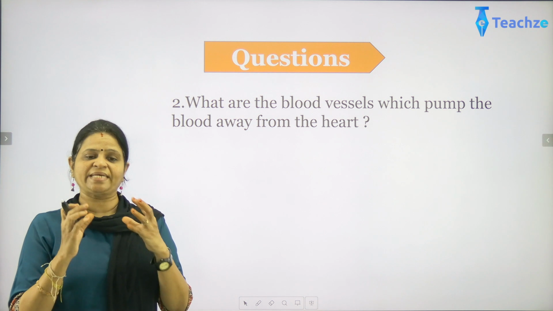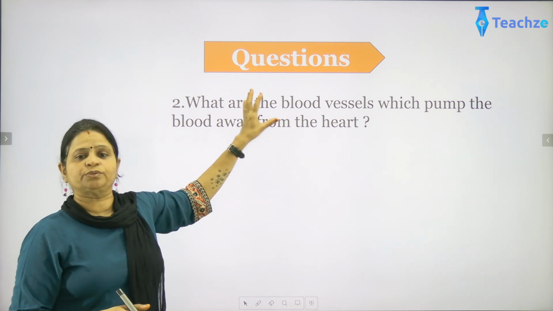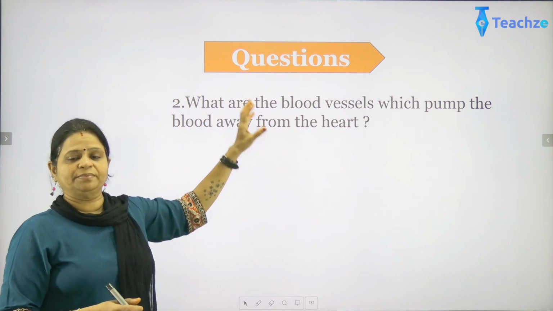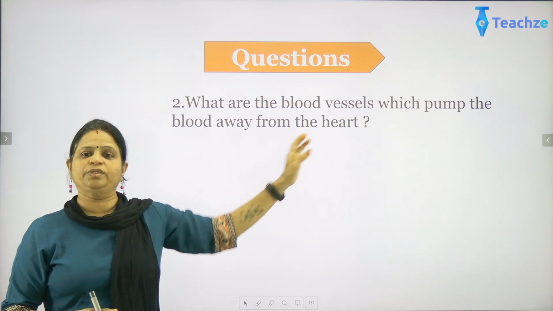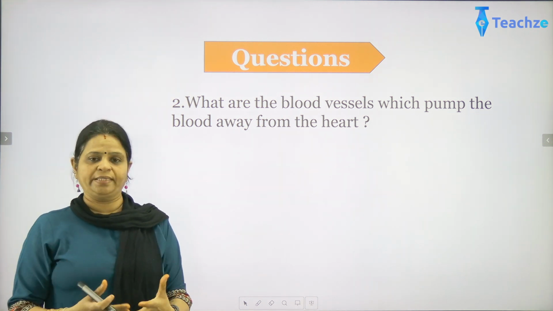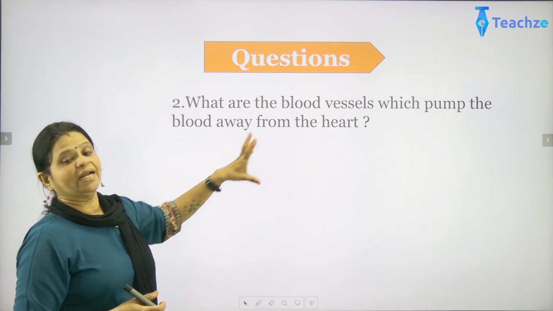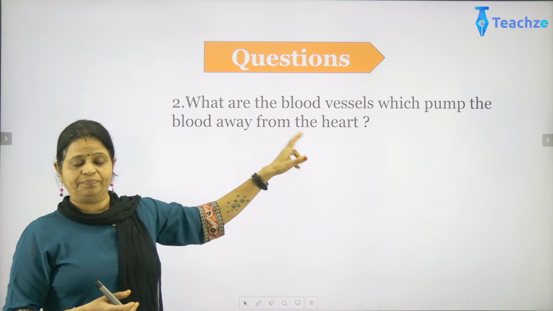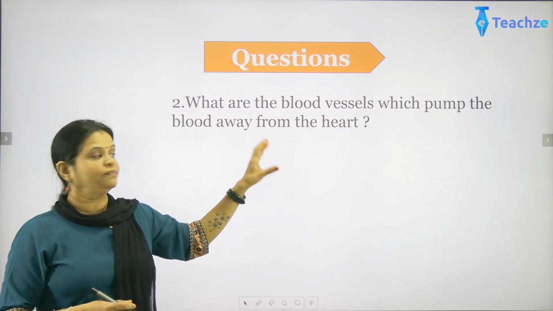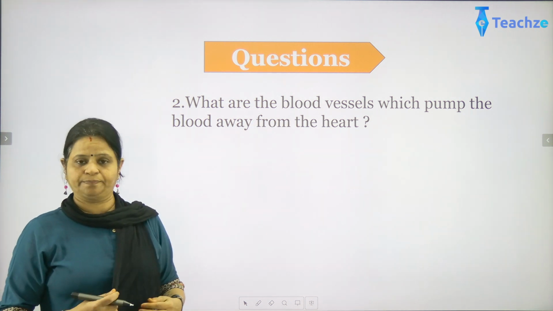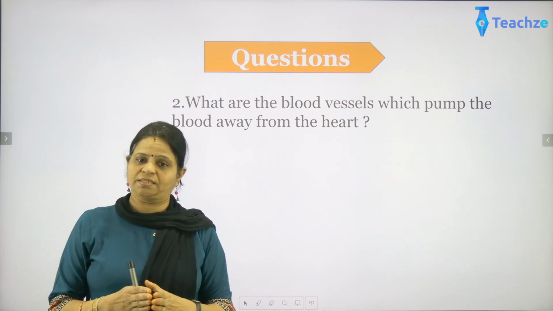When the deoxygenated blood enters through the vena cava, at the same time the blood from the lungs also enters towards the left side through the pulmonary vein. So it is simultaneous. These two vessels bring the blood towards the heart, and away from the heart, we write the pulmonary arteries and the aorta, which take the blood away from the heart. So these are the questions we have understood in this particular session.